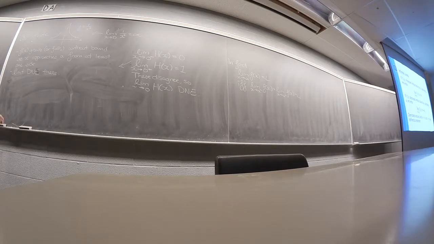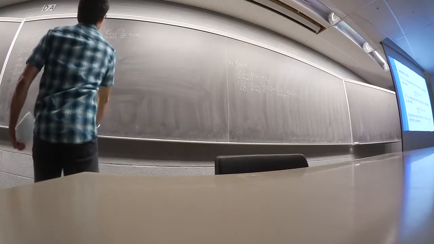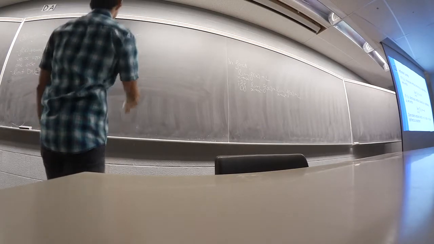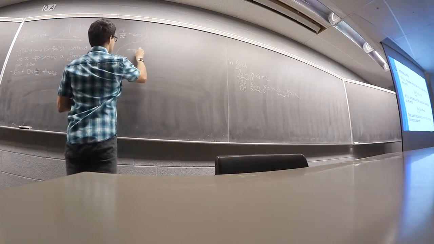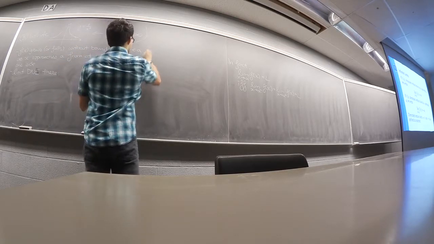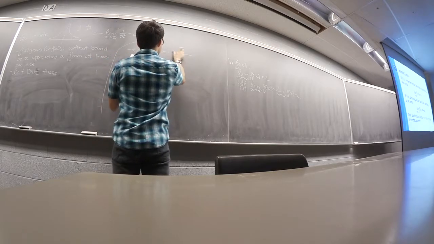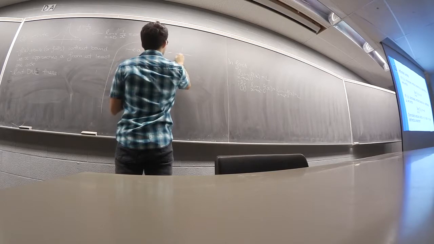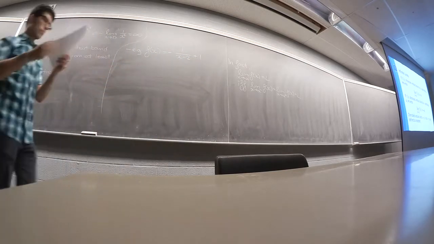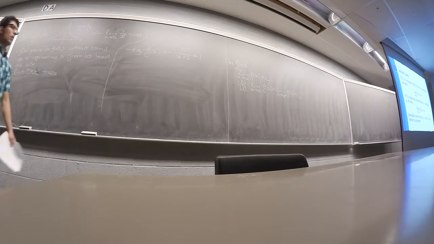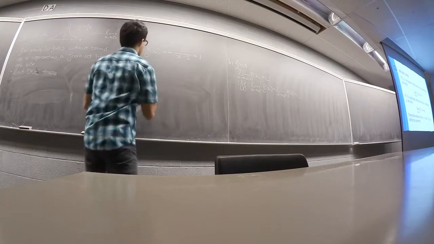Okay, another example. Look at the function minus 1 over x minus 2 plus 1. Okay? And if you like sketching stuff, what is that? That's sort of 1 over x looks like that.